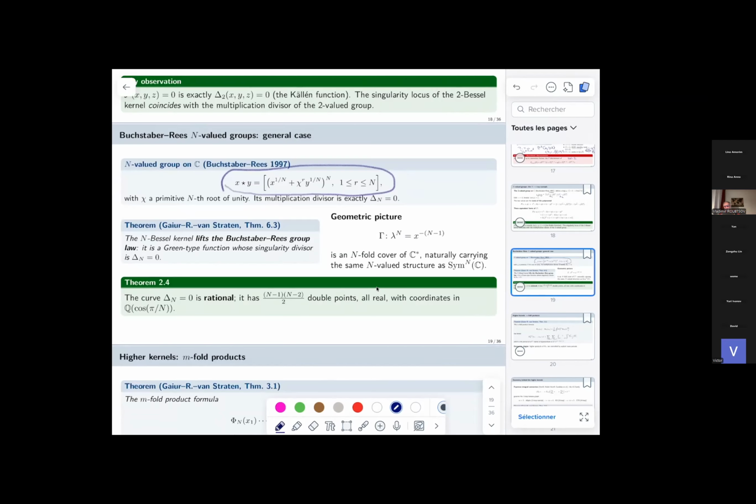And geometrically, it means that using this Kummer lift, we have a lift of the law on C star, which is just an abelian law. And then we lift this law to the n-fold cover.